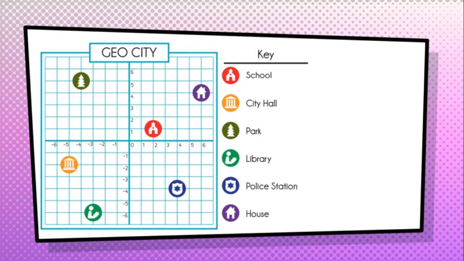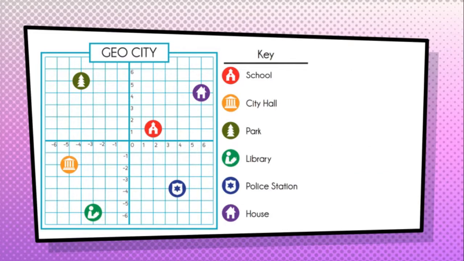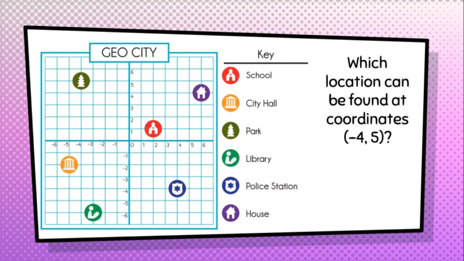Next, what is the ordered pair for the location of the school? We have (2, 1). Next, which location can be found at coordinates (-4, +5)?